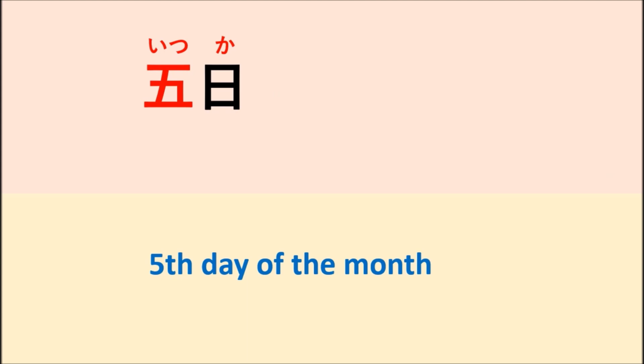For example, we can create a sentence like 今日は何日ですか？It means what day is today? 今日はいつかです。Which means today is the fifth.